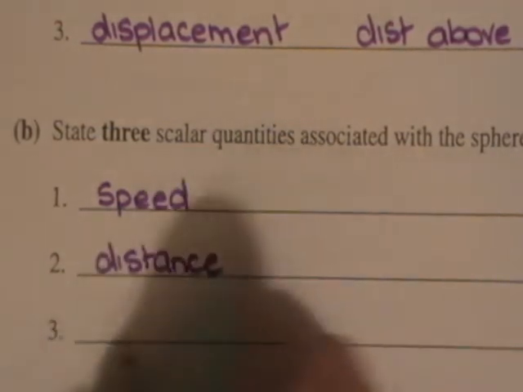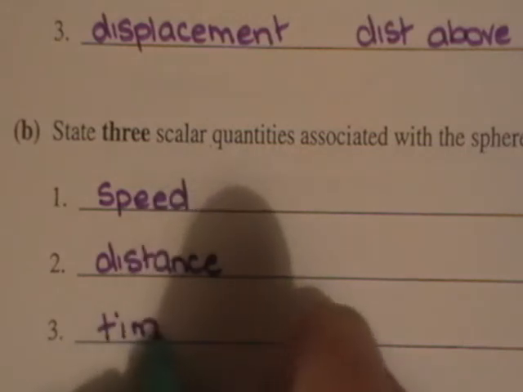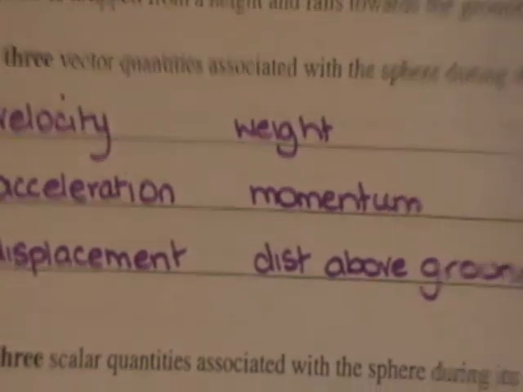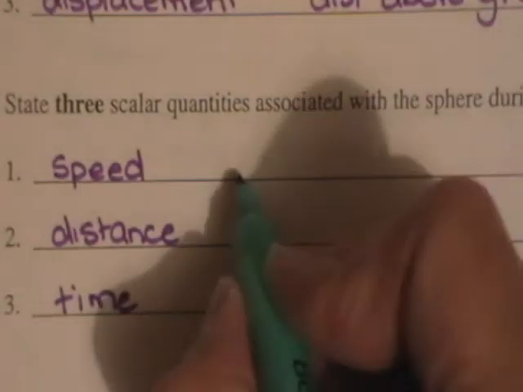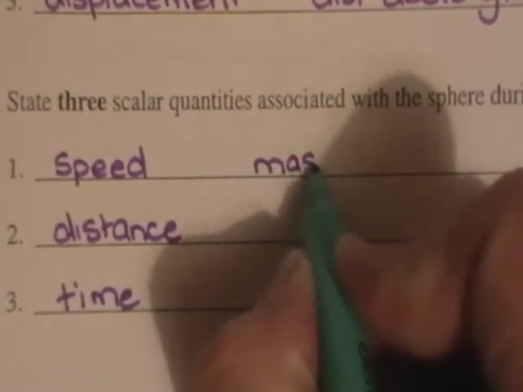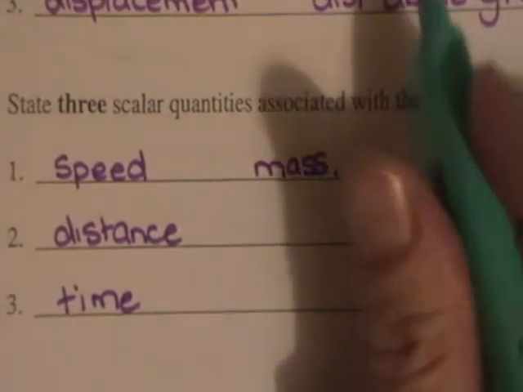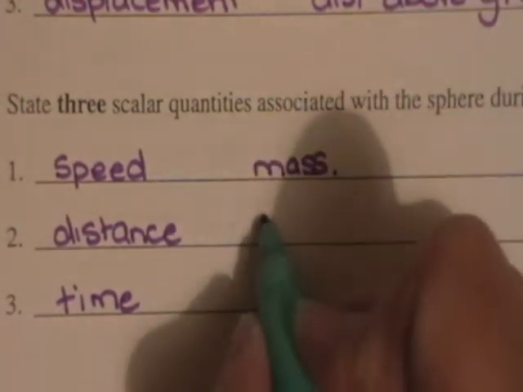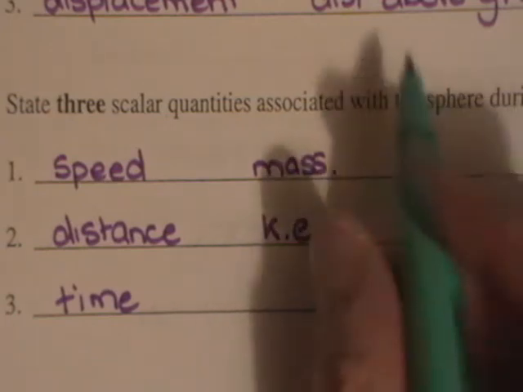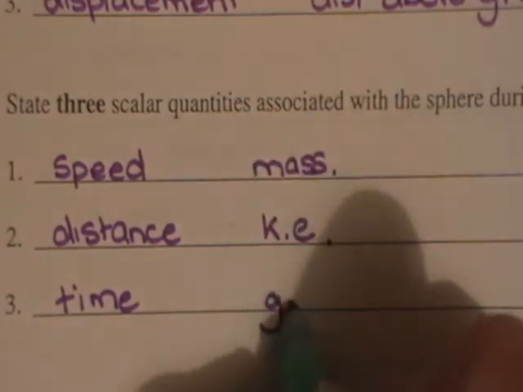We know it's going to take a certain length of time. If you look up above here, weight, then its equivalent scalar is mass. There's lots of others you could also write. You could say something about its kinetic energy. You could say something about its gravitational potential energy.